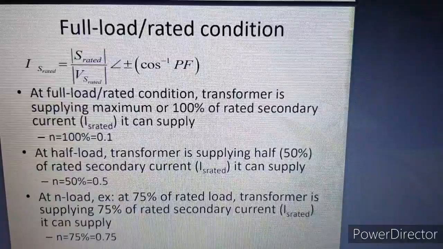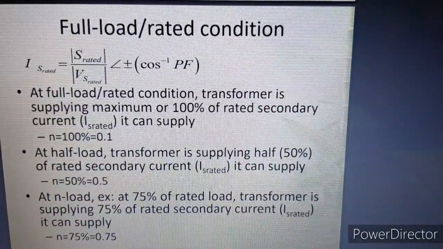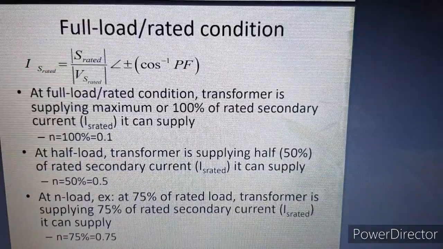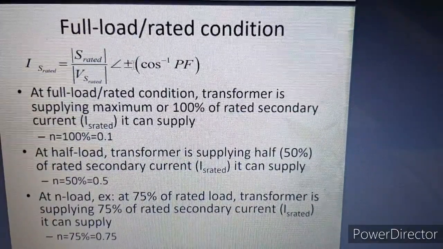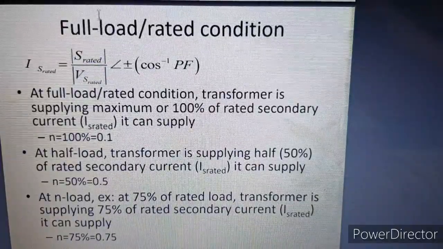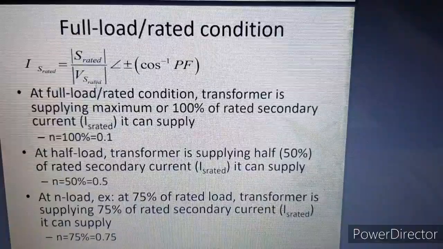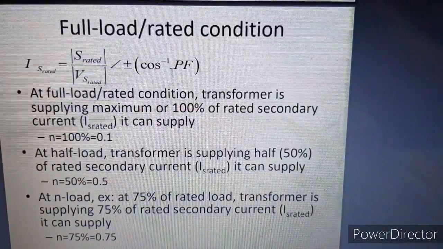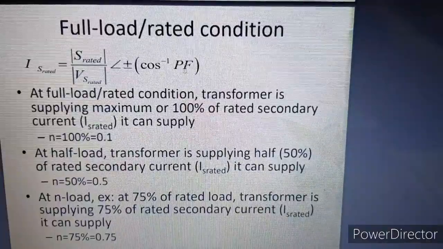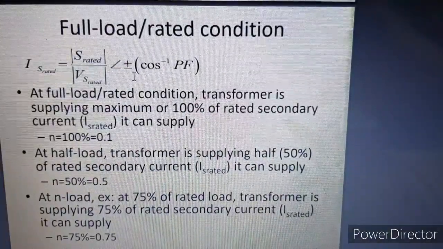There are certain things you need to know about full load or rated condition. Basically the formula for secondary rated current equals rated S, or rated apparent power, divided by rated secondary voltage, at the angle of plus minus cos inverse power factor, and that plus minus depends on whether it's lagging or leading.